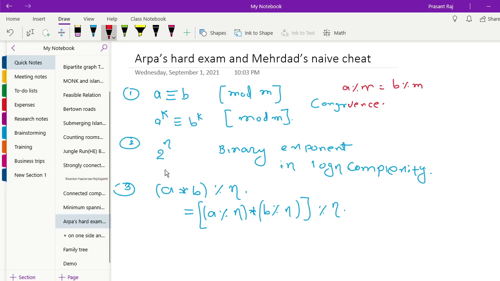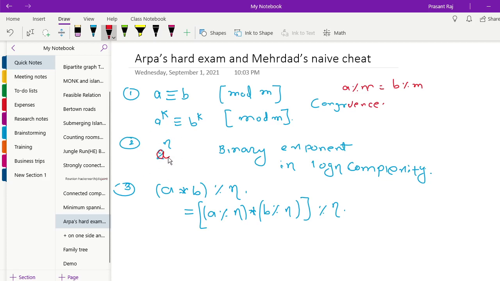The second thing that we will be using is the binary exponential, how we calculate the power in log n complexity. Suppose we have to calculate a raised to the power of n, then you can simply use a for loop n times and multiply a each time.